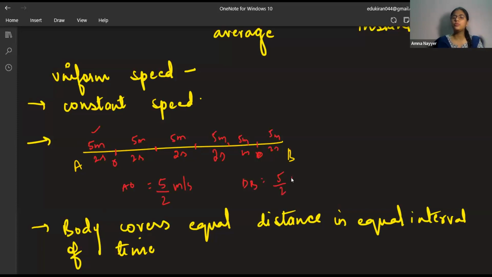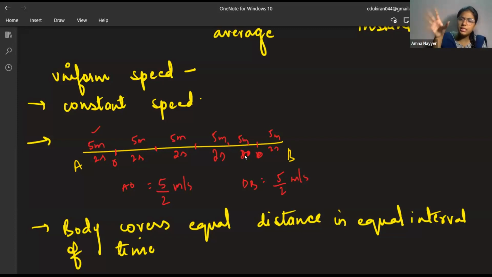What is the time? 2. 5 by 2 meter per second. Again I'm getting the same. Now take any portion, you will get 5 by 2 meter per second only. That is 2.5 meter per second is the velocity. So what has happened? In equal intervals of time, an equal amount of distance was covered. That is simply known as uniform speed.